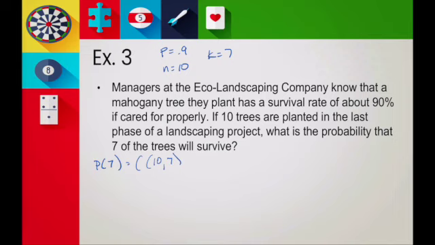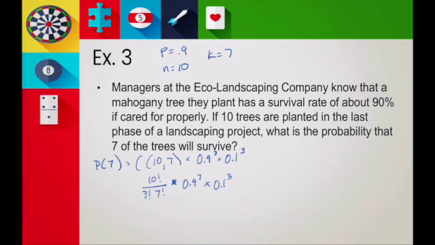And then each of those groups has a 0.9 to the 7th times a 0.1 to the third probability, right? 0.9 to the 7th power, 7 trees that survive, 0.1 to the third power, 3 trees that die. And so 10 factorial over 3 factorial, 7 factorial, times 0.9 to the 7th times 0.1 to the third.